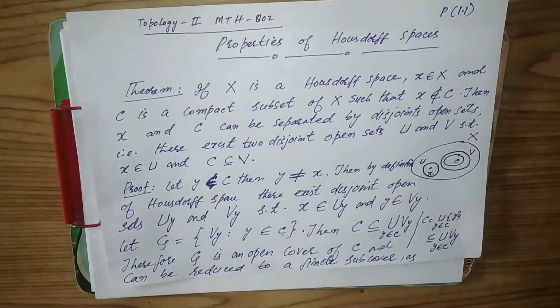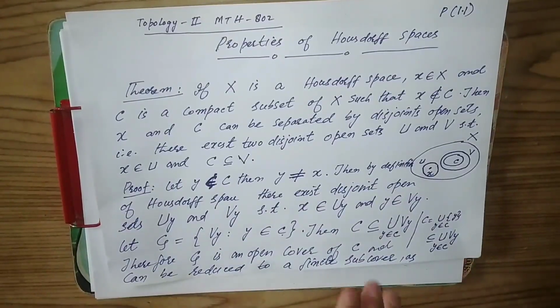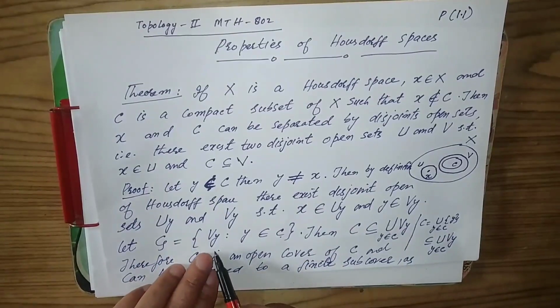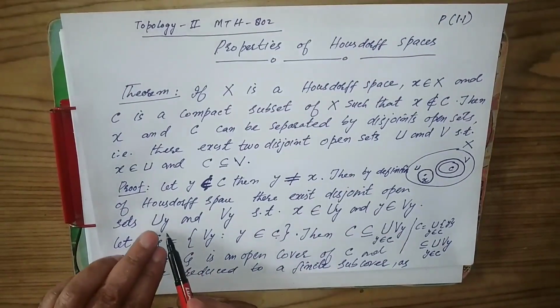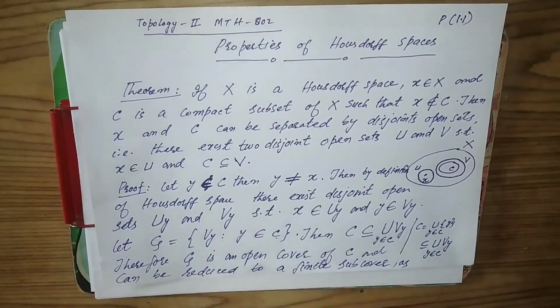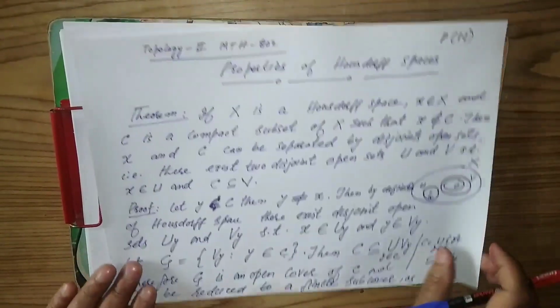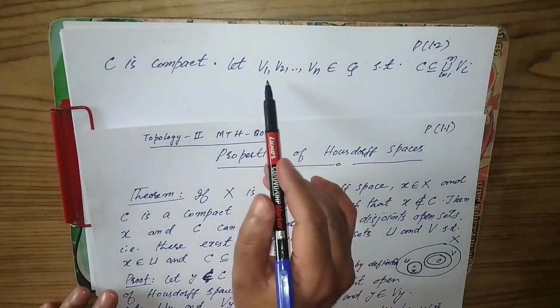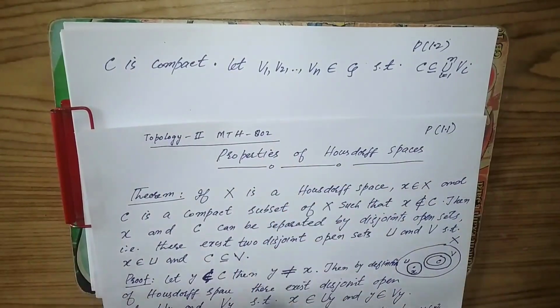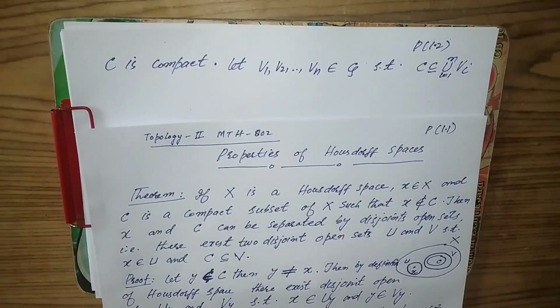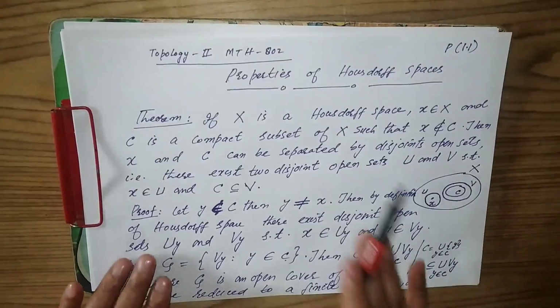But the open sets Vy, Uy, they exist in pairs. So for this open set Vy, we have an open set Uy. They exist in pairs and they are disjoint. So for such open sets V1, V2, Vn, we have n open sets U1, U2, Un, such that these n open sets contain the point x.